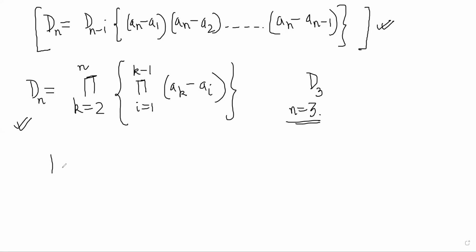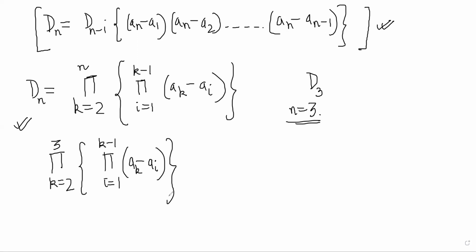So this formula gives us the product over k equal to 2 to 3, and we have the product of i equal to 1 to k minus 1, (ak minus ai), right? Okay. So let's first assign the value of k. First step is k equal to 2. If k is equal to 2, the inside part becomes the product of i going from 1 to 1, since 2 minus 1 is 1.